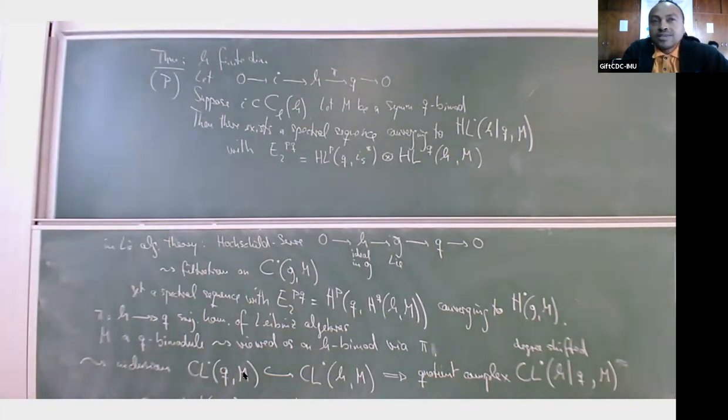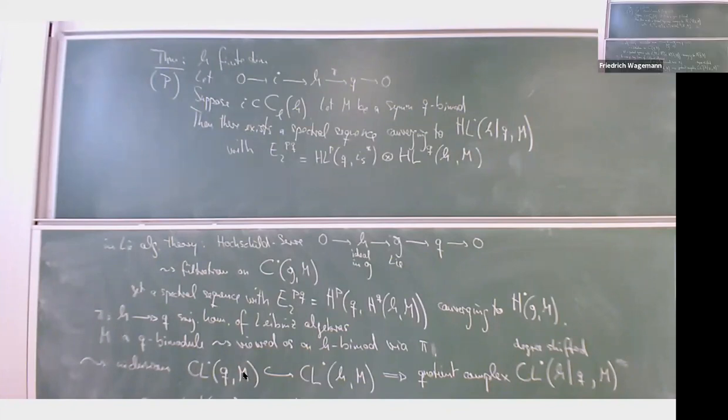But is the converse true, in the sense that if we have one Lie algebra, there is a Leibniz algebra such that the H Lie of this Leibniz algebra is equal to the Lie algebra?